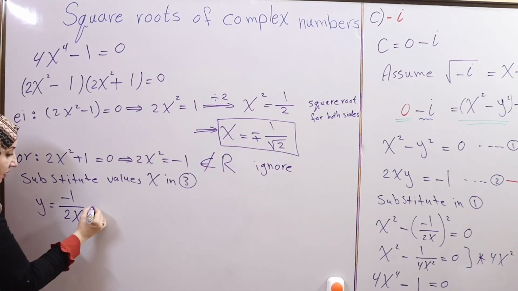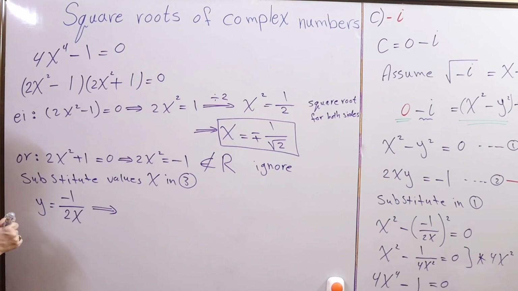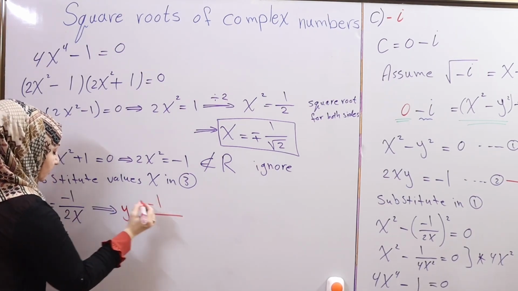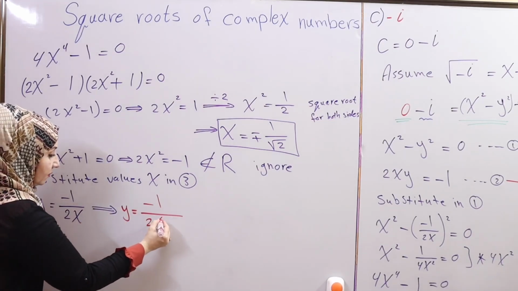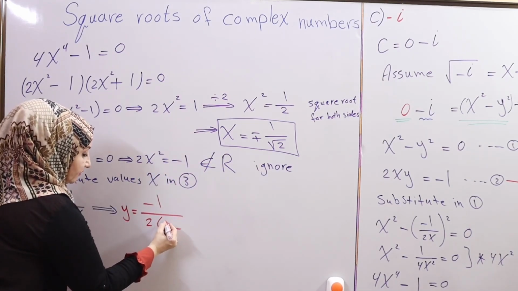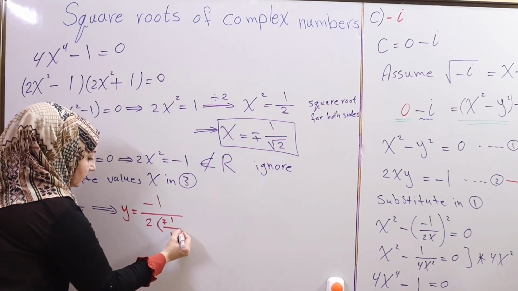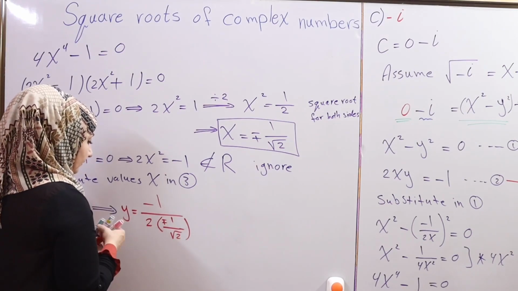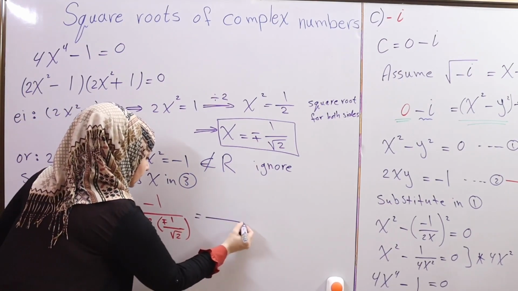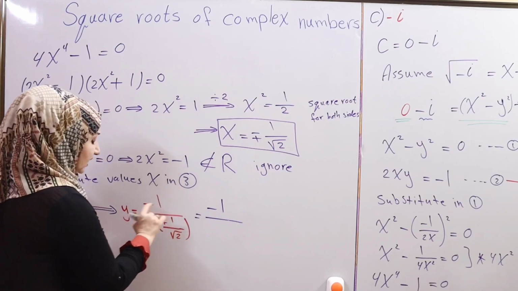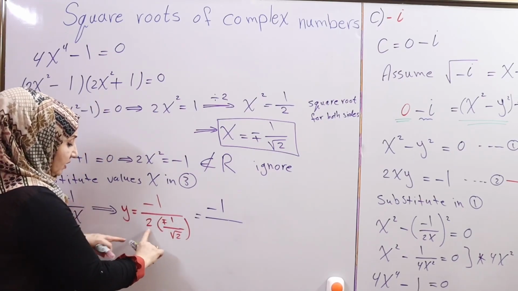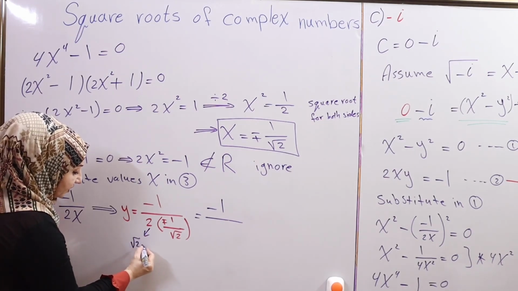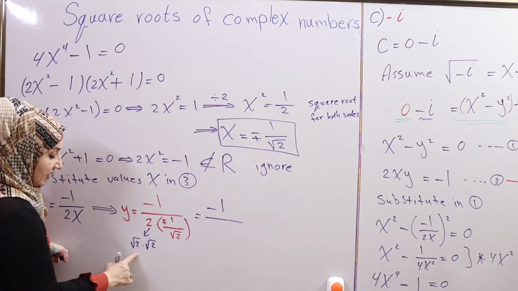That's mean y equal negative 1 on 2 multiply positive negative 1 on square root of 2. عندي شوية تبسيطات. هنا عندنا negative 1. احنا نعرف انه الاثنين معناتها جذر 2 في جذر 2.